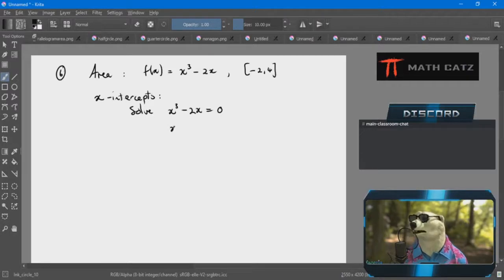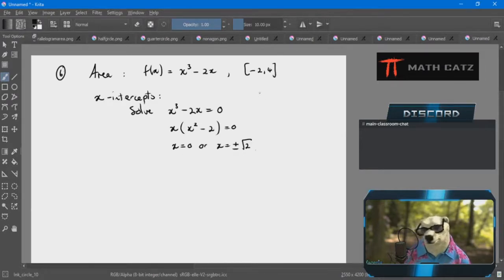So now I can factor out an x to get x squared minus 2 in the bracket. That means I have x equal to 0 or x equal to plus minus root 2. And then I check, are any of them in this interval? Well, I need to go check what is the square root of 2.